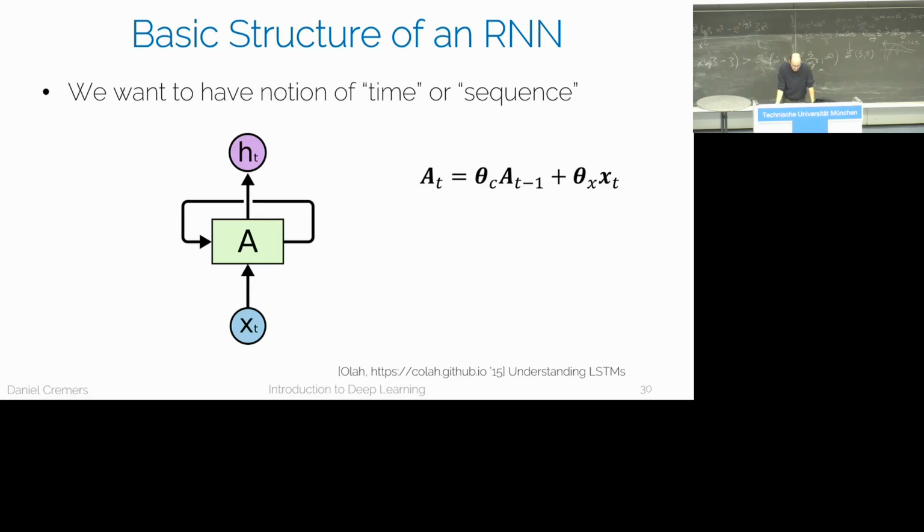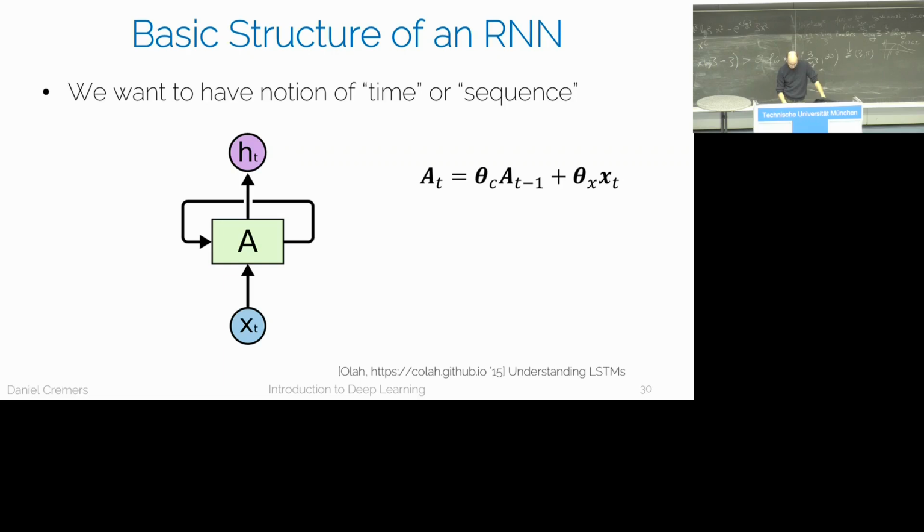So here's the basic structure of a recurrent neural network. We have an input, xt, at time t. We have an output, h, at time t. And then we have what's called a hidden state, a. And as you can see, the hidden state depends both on the input at time t, and this arrow basically says it also depends on its previous state.